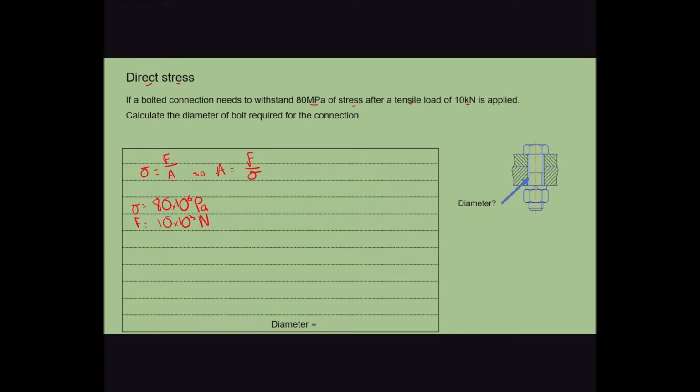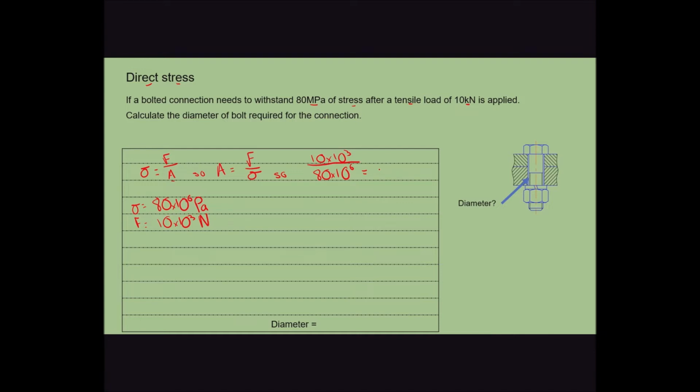Okay. So I'm going to put both of these values into this top formula, and I'll end up having 10 times 10 to the 3 divided by 80 times 10 to the 6. So I'll get an area from this calculation, and I'll give you a minute just to pause the video.